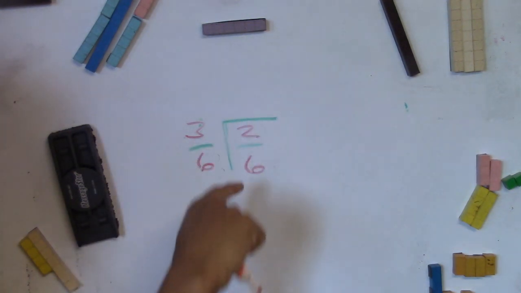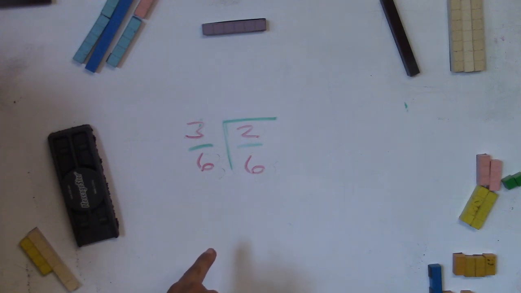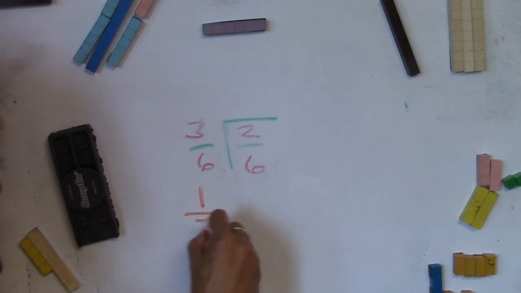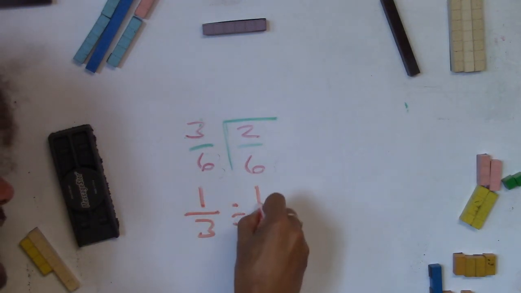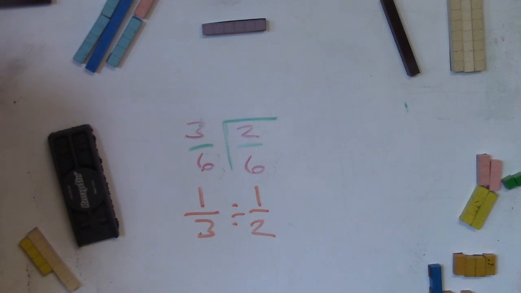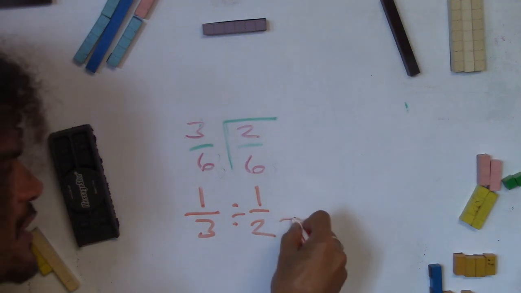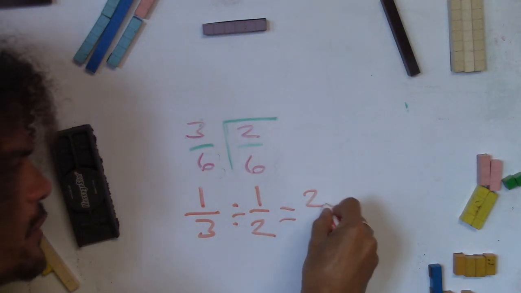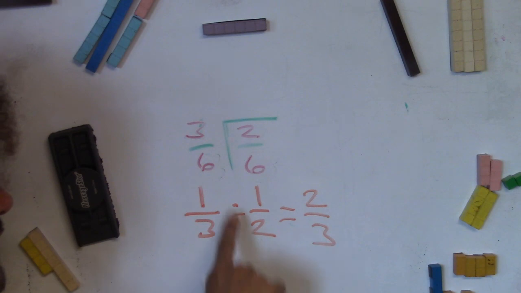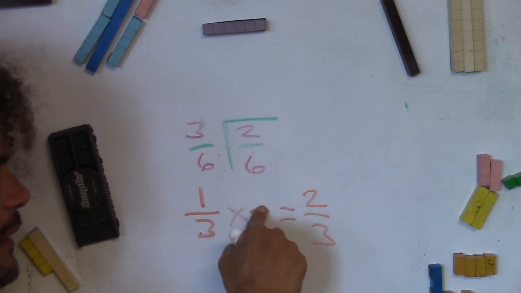Alright, look over here. So, all I said is, look, I want to take 1/3 and divide it by a half. Yep, 1/3 divided by a half. And that's just going to be the same thing as 2/3, because I invert and multiply.